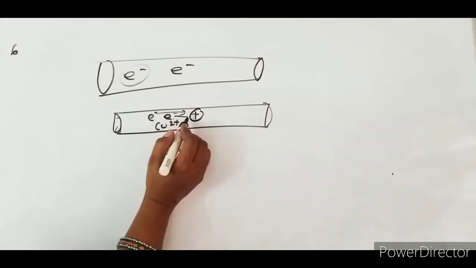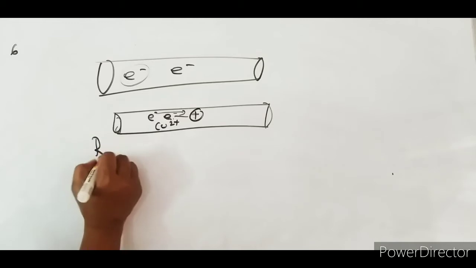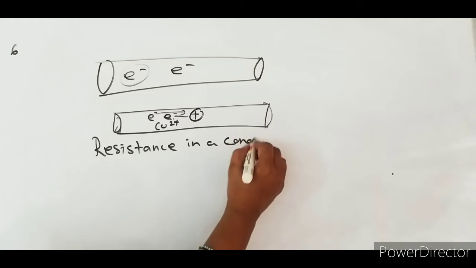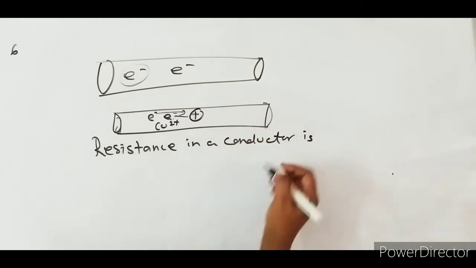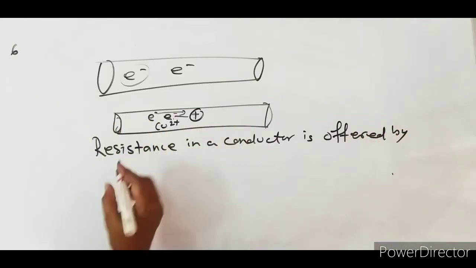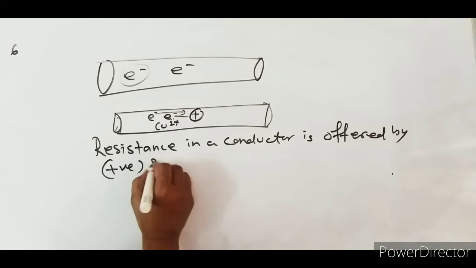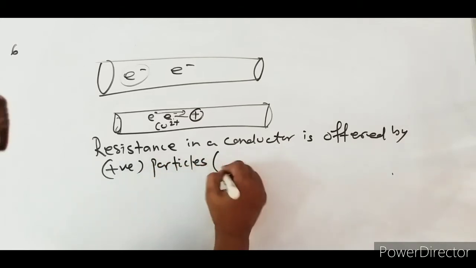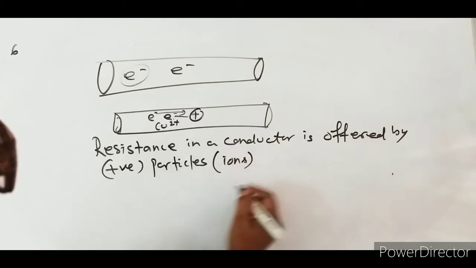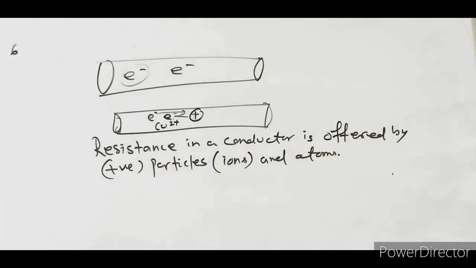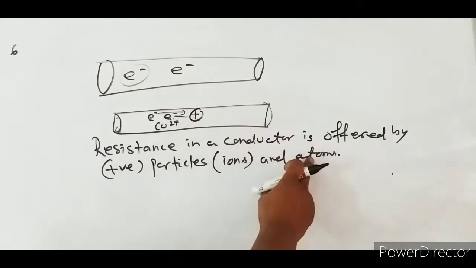This is nothing but resistance. Resistance in a conductor is offered by positive particles, that is, positive ions and the atoms, because not all atoms become ions by losing electrons; many remain in atomic form.